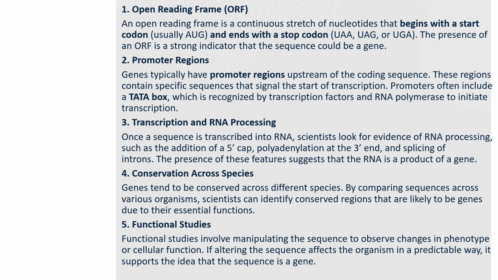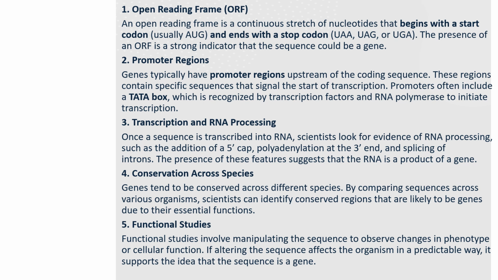Usually there's some processing going on, and that means we take the unwanted parts out of the gene, and we call those introns. We get rid of them, and then they also add a 5' cap and a 3' tail. So basically it's copied, and then you have a refined version of the copy. If you have that, that is another way of looking at it.